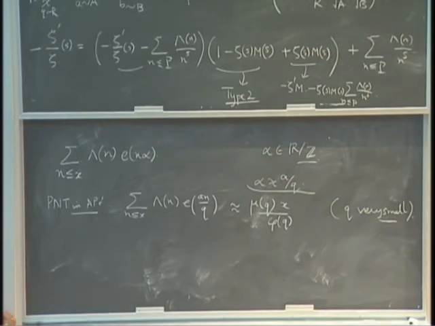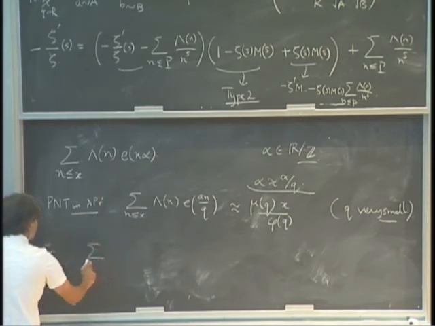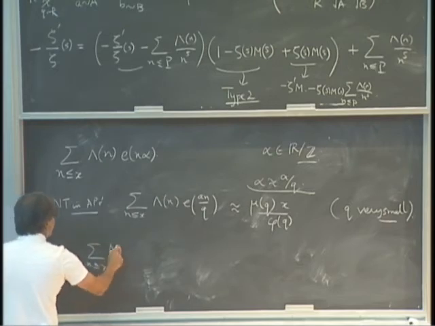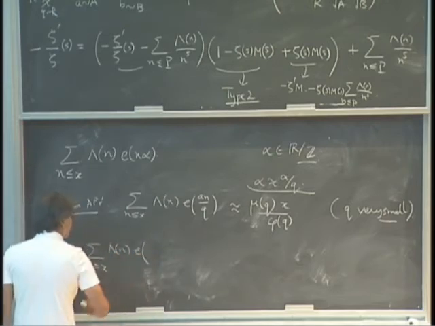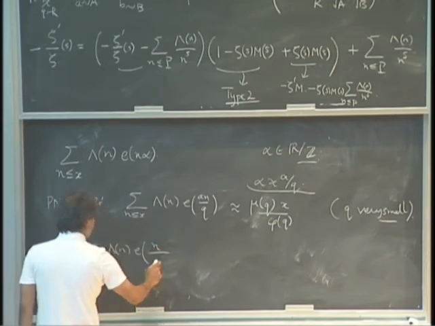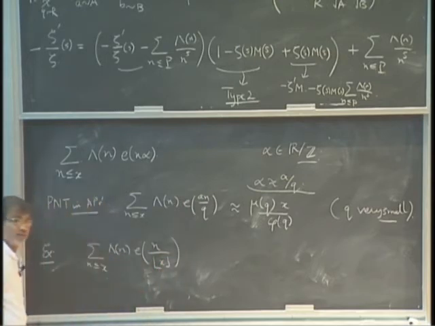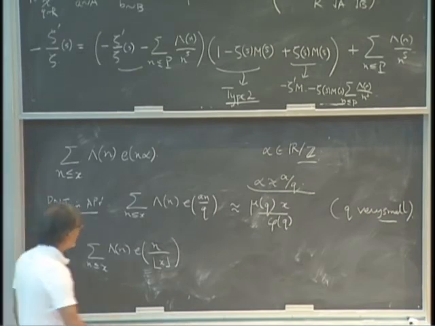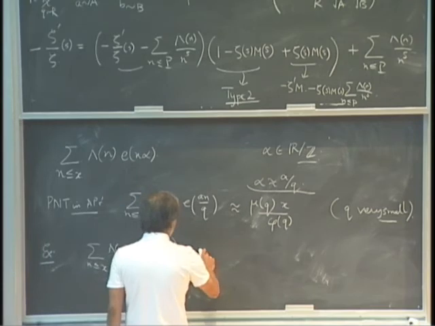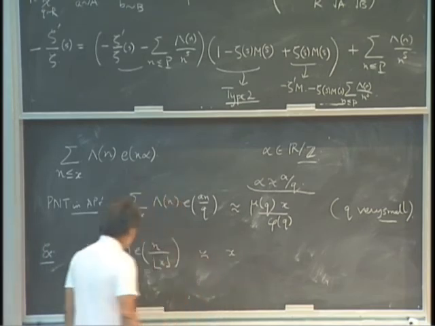Now, another way in which you won't get cancellation is that if q is very big, so let me write it as e of n divided by, let's say, the floor of x, right? So again, I don't expect to get any cancellation. This is on the scale of x, right?